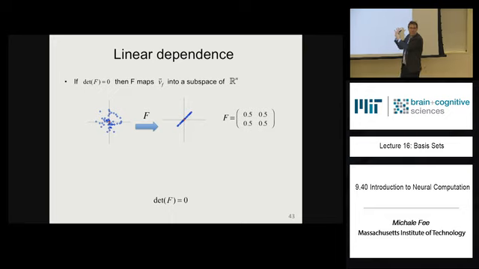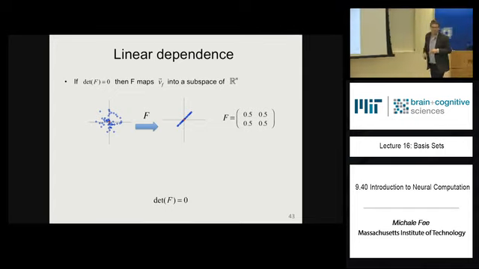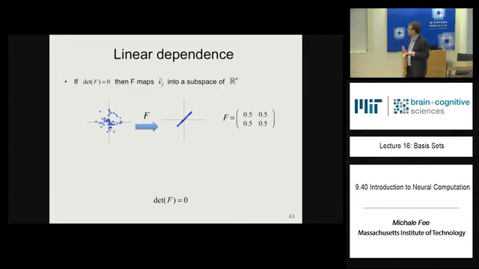Let's say if you're in 3 dimensions, those data are being collapsed onto a plane or onto a line, okay? And that means you can't undo that transformation, all right? And the way to tell whether you've got that problem is looking at the determinant.